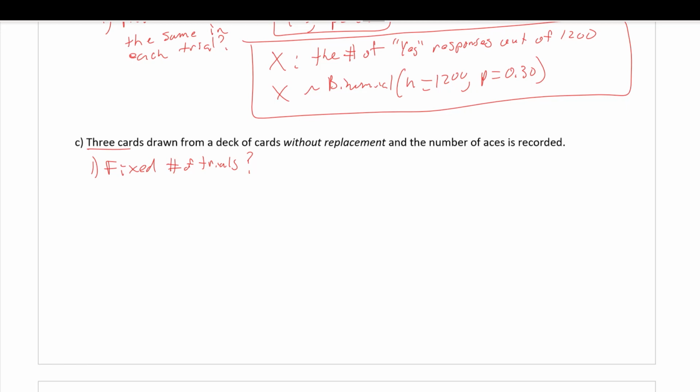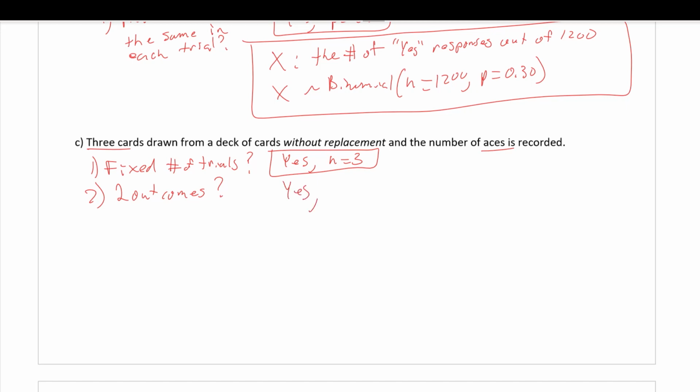Well, yeah, they're drawing 3 cards from the deck, right? 2, do we have 2 outcomes? Well, what are they looking for here? Well, they're recording the number of aces, right? So they're essentially saying it's either an ace or not an ace, right? So again, yeah, they forced it to be 2 outcomes.